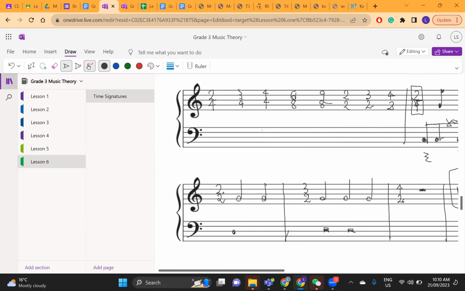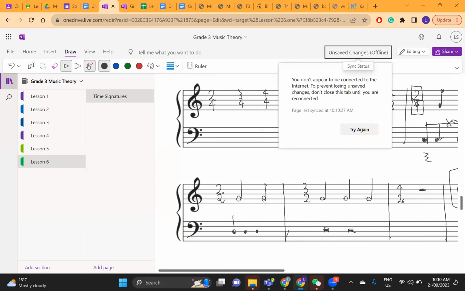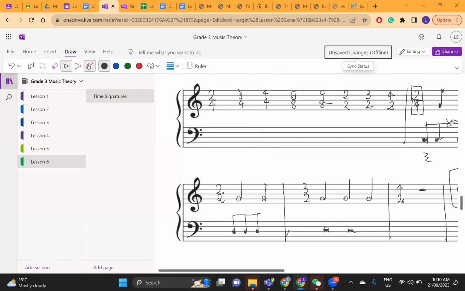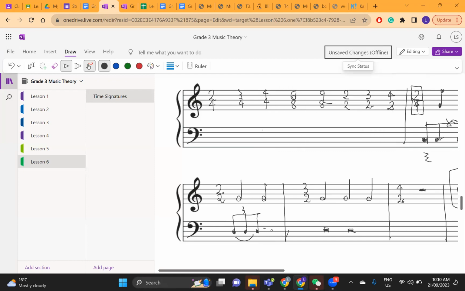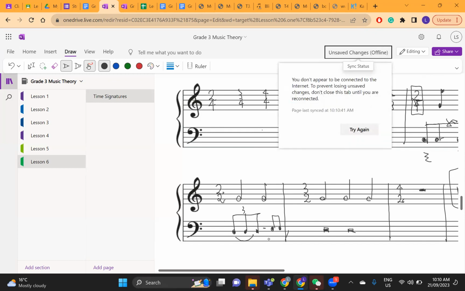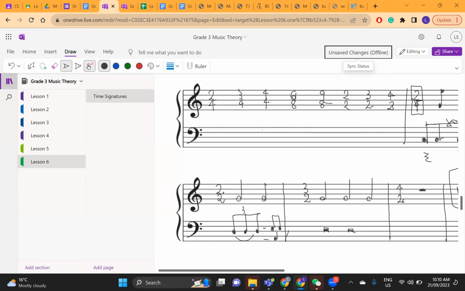Have any of you seen this before? Yes, that's a triplet, and its duration is equal to 2 quavers or a crotchet.